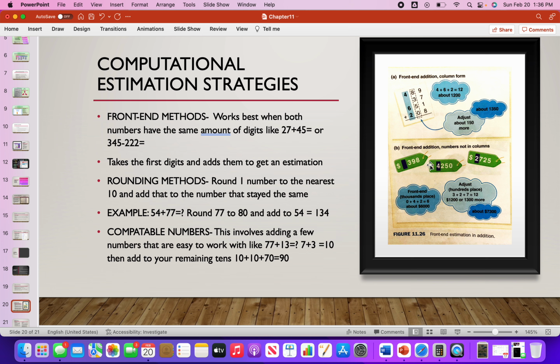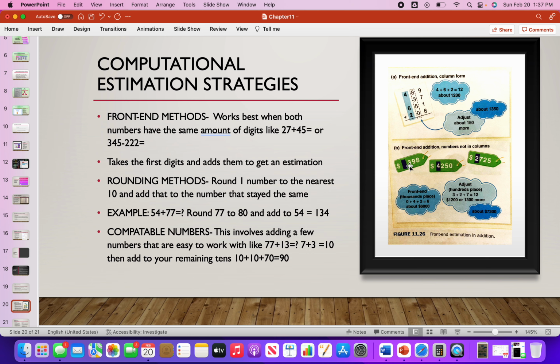On the second example, this one just takes the first numbers, like the first method we talked about. So they just take the first number from each of these to get an estimation.